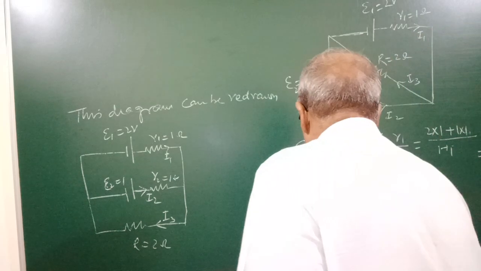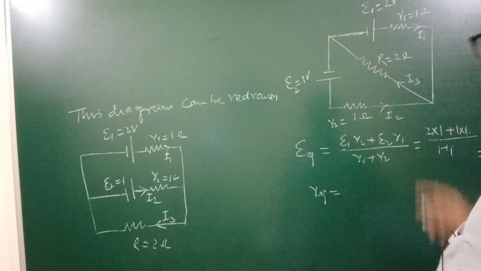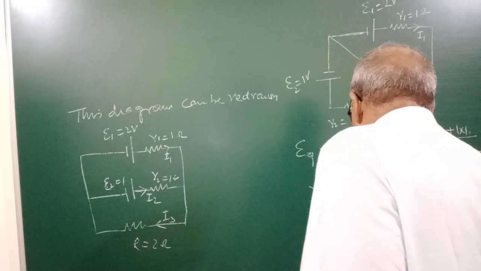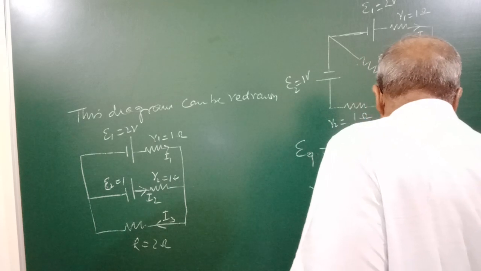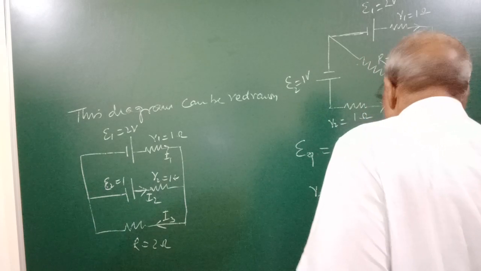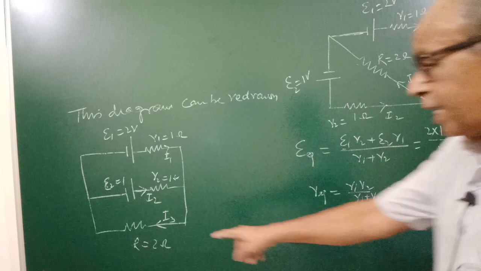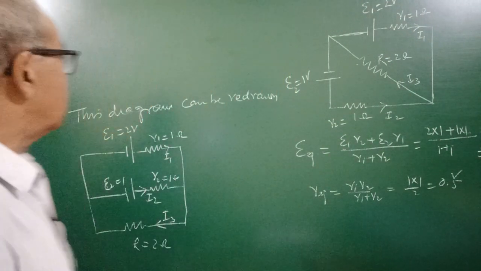Equivalent resistance will be, as they are in parallel, R1 R2 upon R1 plus R2. It will be 1 into 1 upon 2, which is 0.5. So we get here a battery of this EMF, this internal resistance, and external resistance R equal to 2 ohm.